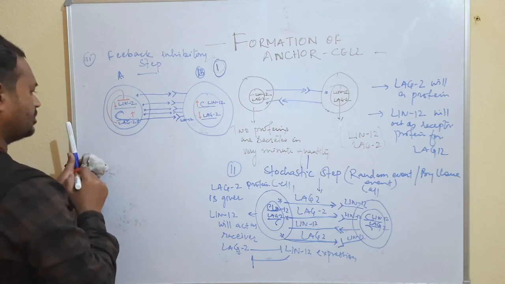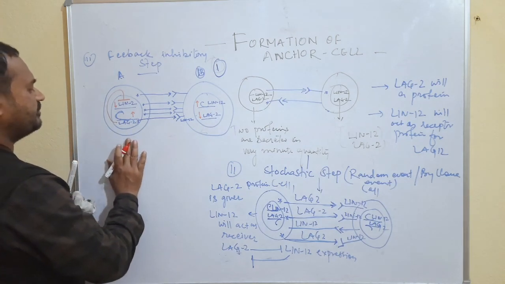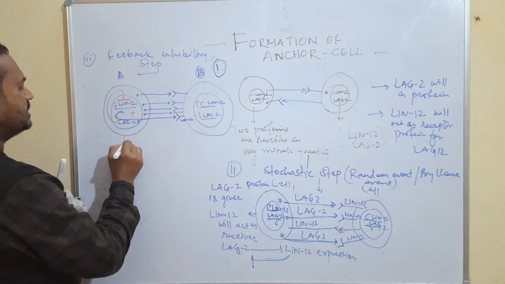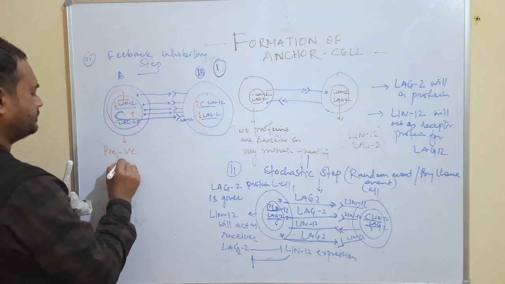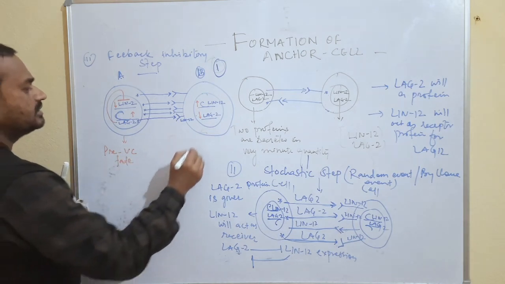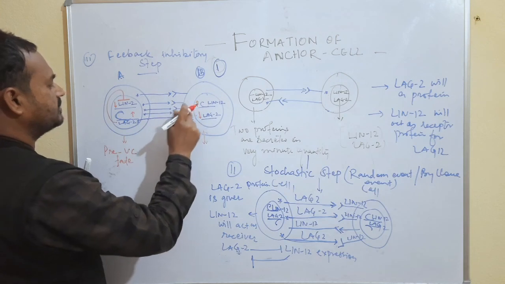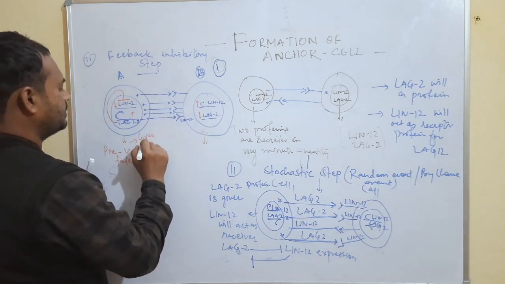Those cells which are producing more lag-2 are called the pre-VC fate, the giver.